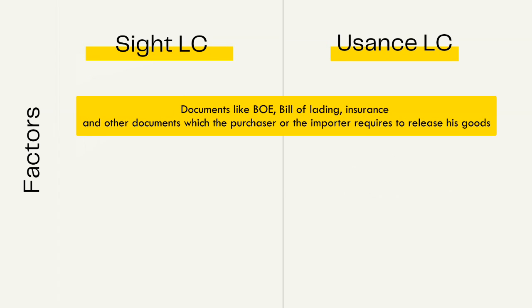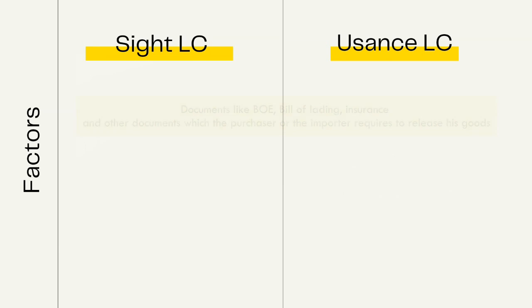Documents like bill of exchange, bill of lading, insurance, and others which the purchaser or the importer requires to release his goods. So there are two ways the importer can get the documents depending on the LC type.